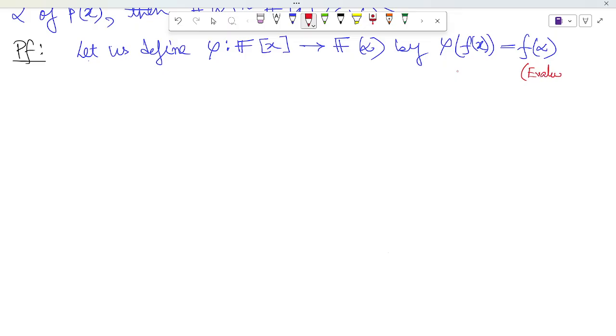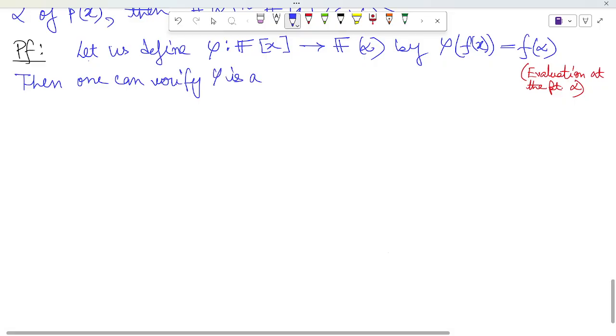It is actually evaluation at alpha. Then one can verify phi is a homomorphism. Yes, obviously.